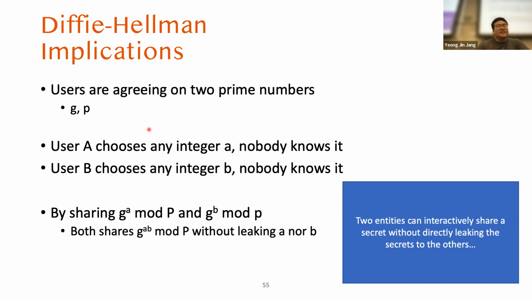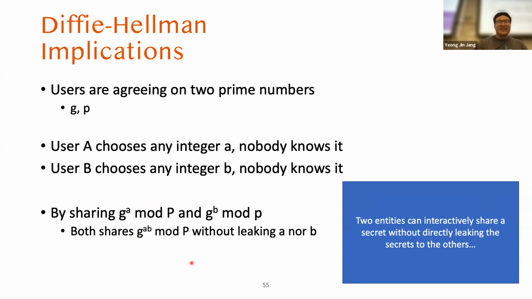So the implication of Diffie-Hellman is that after agreeing on the two prime numbers, each user chooses their own secret, and because their own secret never leaks, it is proven that leaking these two public numbers will not ever let attackers know the shared value.